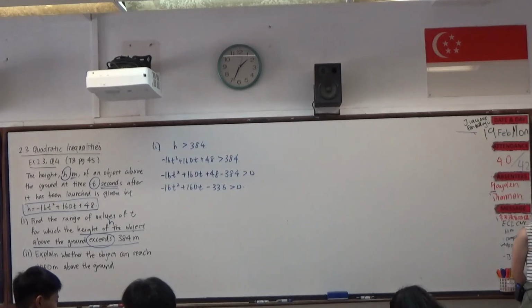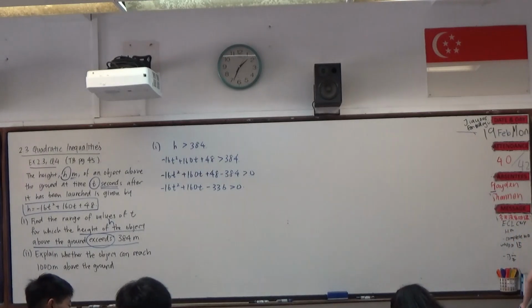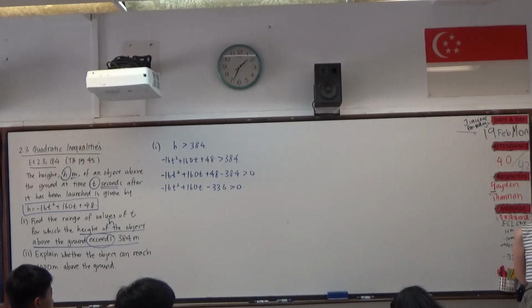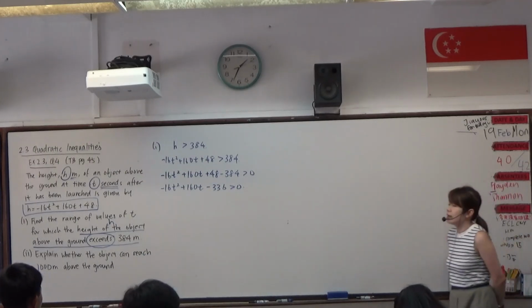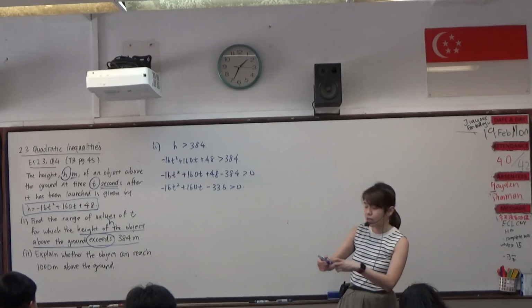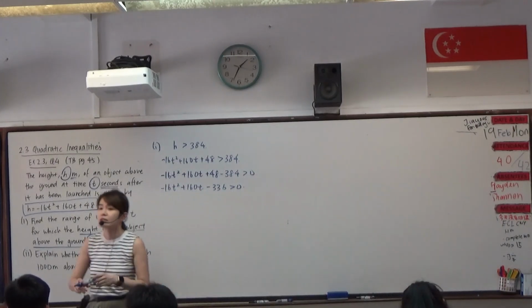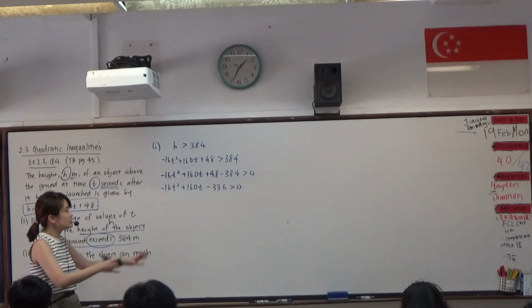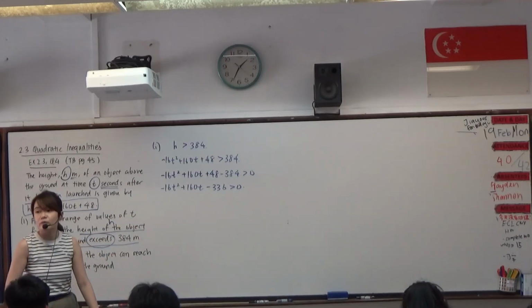Okay, shall we discuss now? Can I get someone? Let's see, lucky one. Daryl. Tell me what is your next step? You factorize. So what is the factorized form that you get?